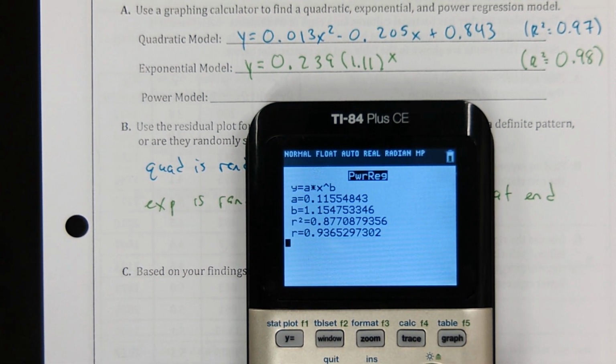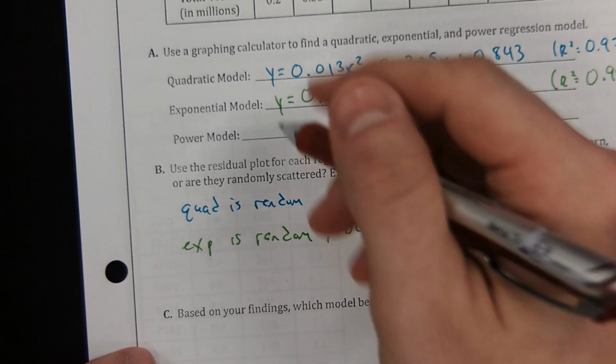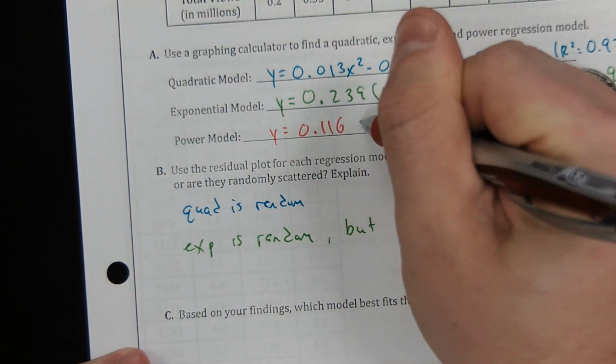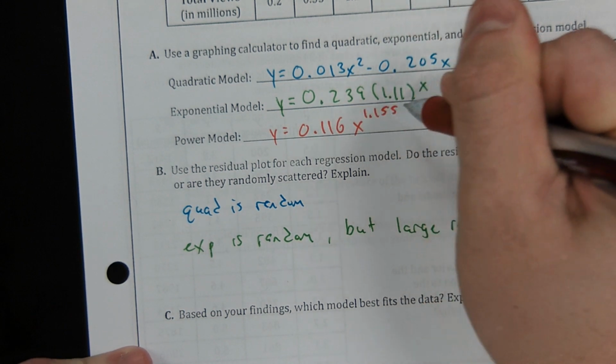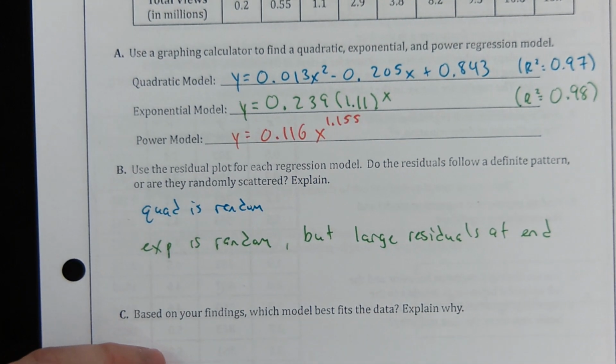So about 0.116 x to the 1.155. And its R squared is way off base, 0.877. I'm not even going to write it down, it's so far.